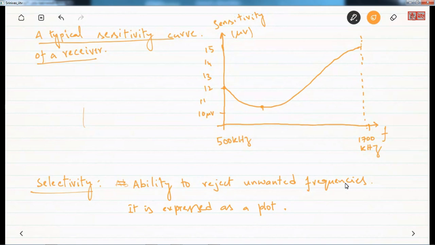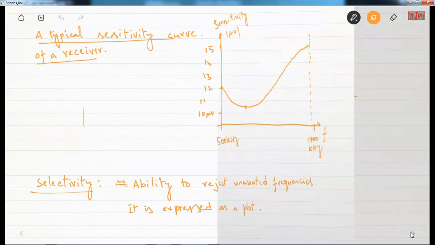So when you change the input frequency, both the output power and the output voltage of the receiver decrease. How much it decreases, you note down, and that tells you how selective your receiver is.